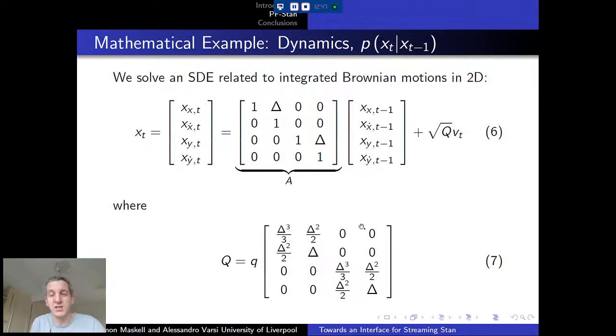The important point really is that we think of that as the square root of the covariance matrix multiplied by some IID unit scale process noise V. So V is a 0, 1 normal, or 4 of them technically stacked on top of one another. We also call this matrix here A. So the parameters of the dynamics are the A matrix and the Q matrix, which are often parameterized by delta, which we'll assume is the same for all time steps, at least for ease of description.